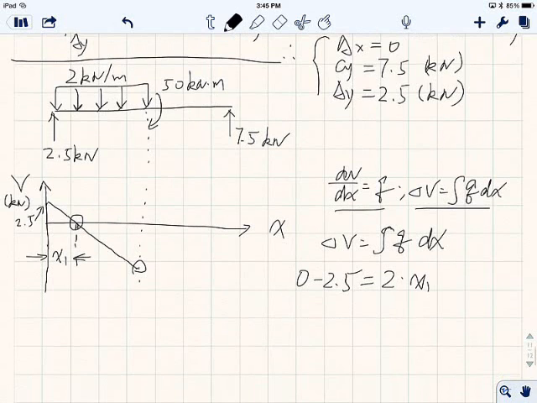All right, so that gives you the answer. X1 is just equal to, oh, I forgot to put a negative sign over here because Q is going downwards, so Q is negative 2. So X1 is 1.25 meters.